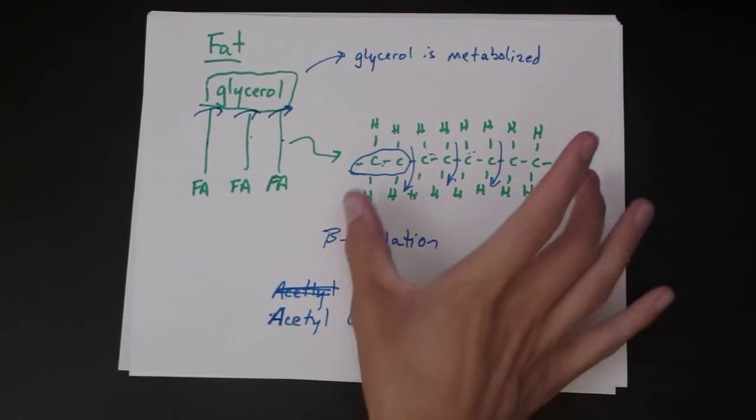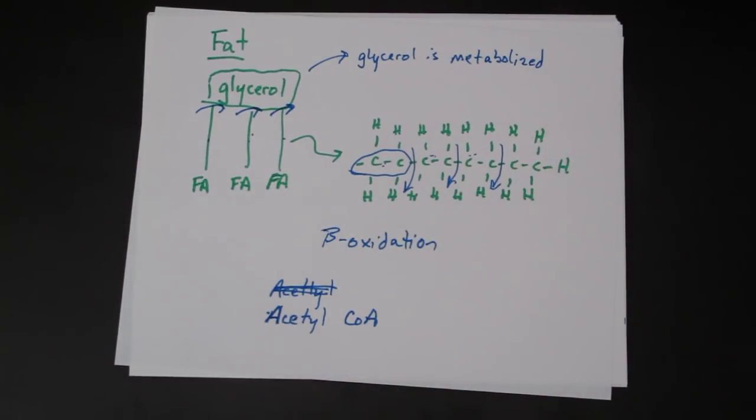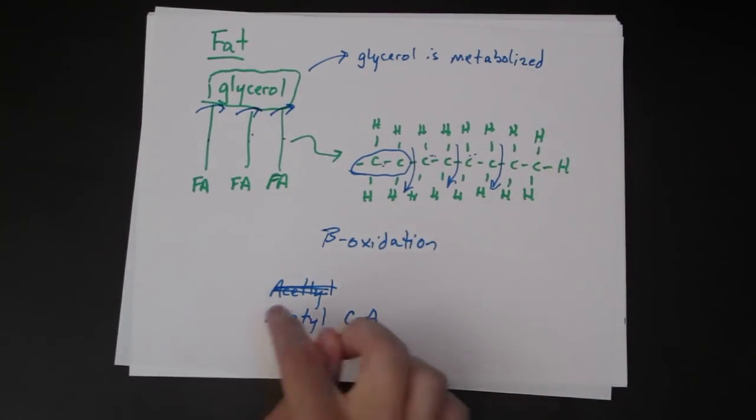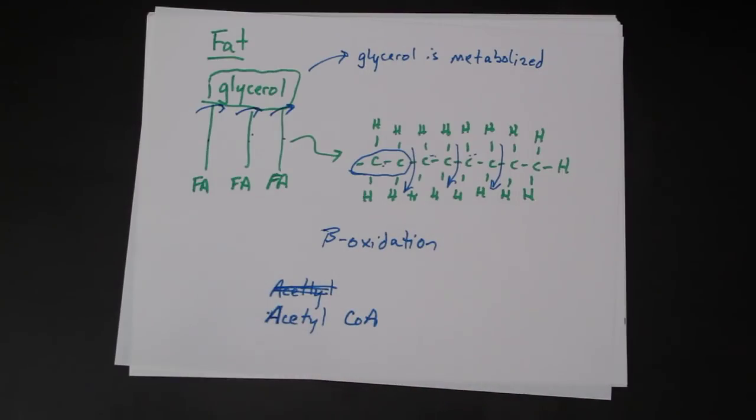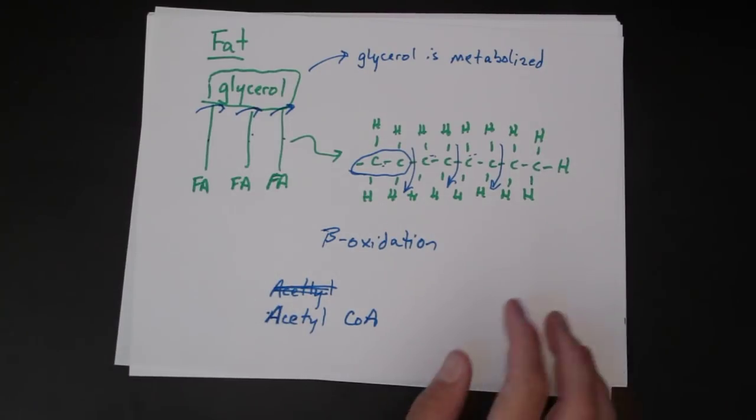But this is because the fatty acids are essentially turning that wheel of the citric acid cycle so many times. So fats are just a really, really energy dense fuel source.